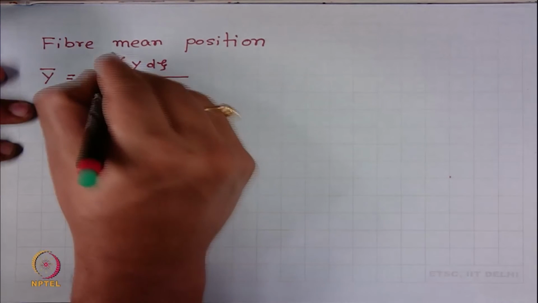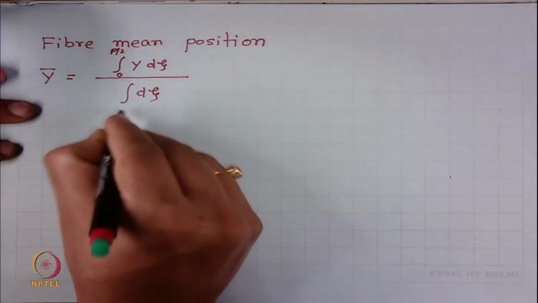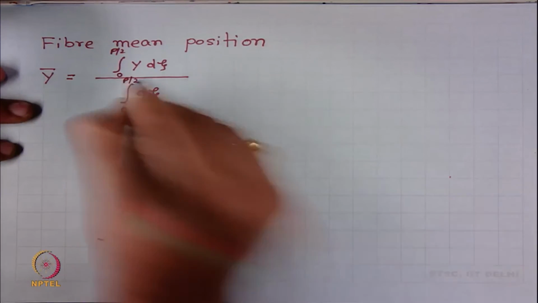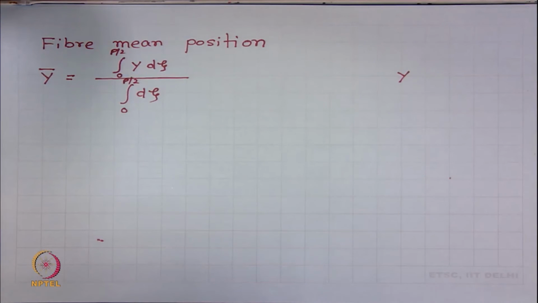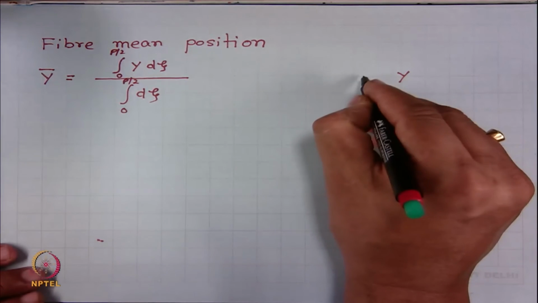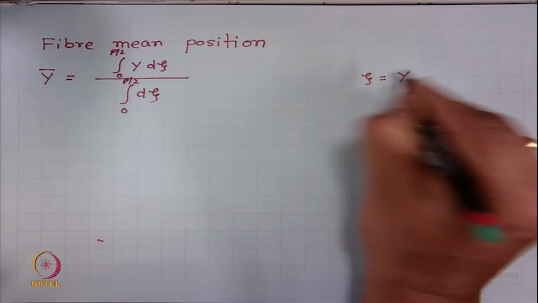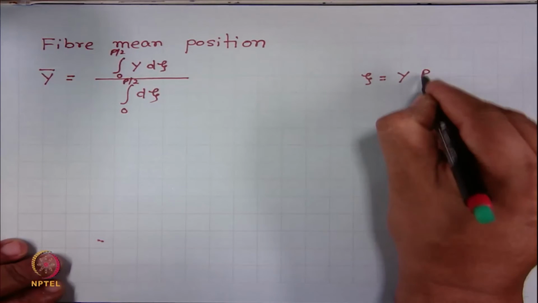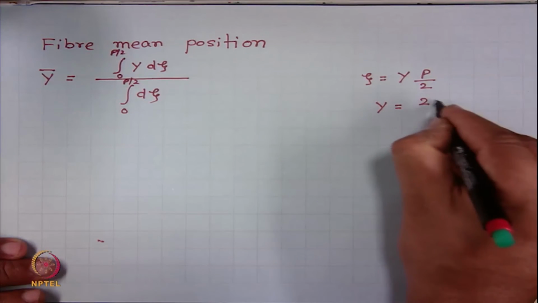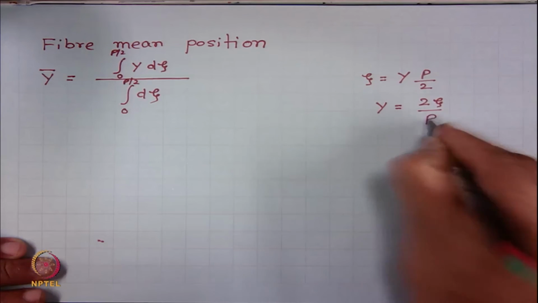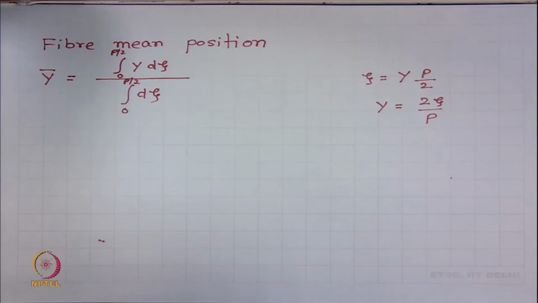This is 0 to p by 2, this is 0 to p by 2. And what is y? Y was your zeta is equal to y times p by 2. So, y is equal to 2 zeta by p. This is how fiber mean position is defined.